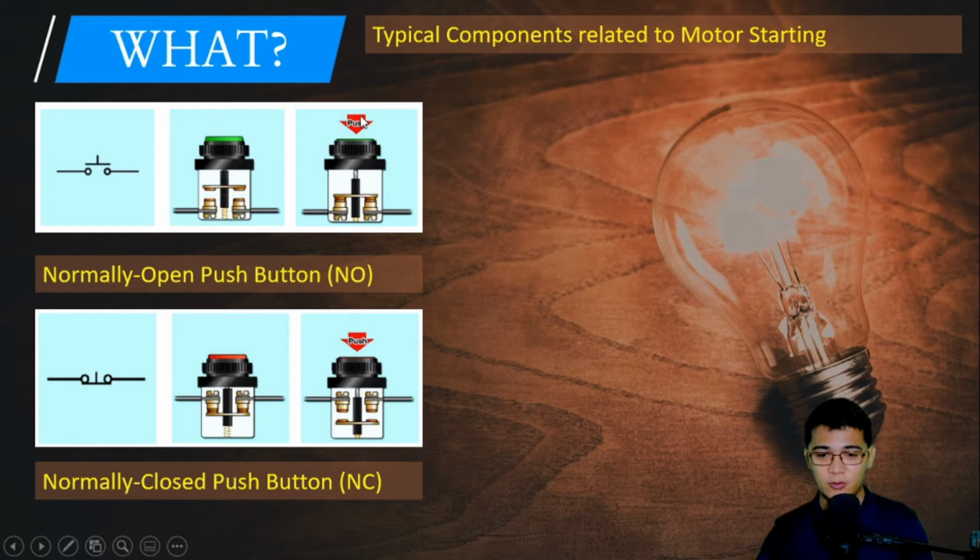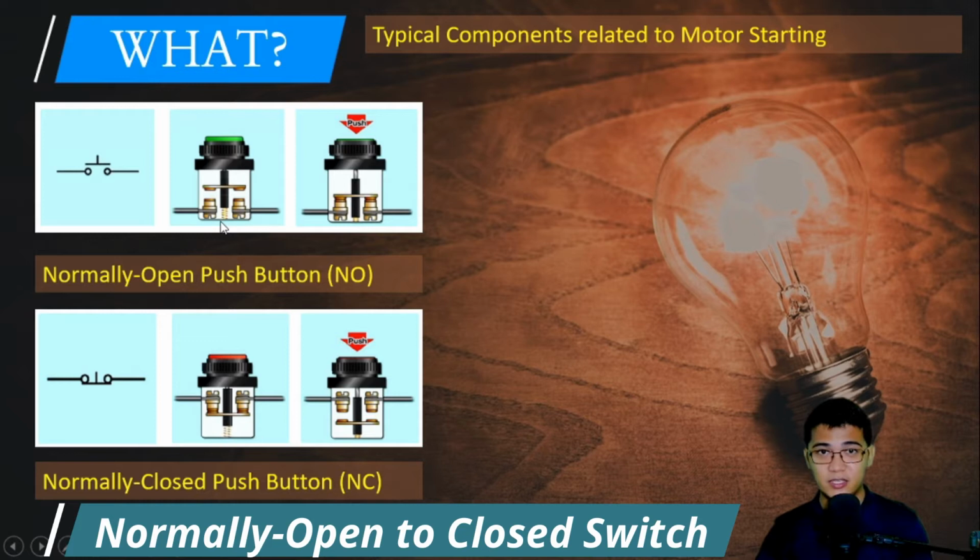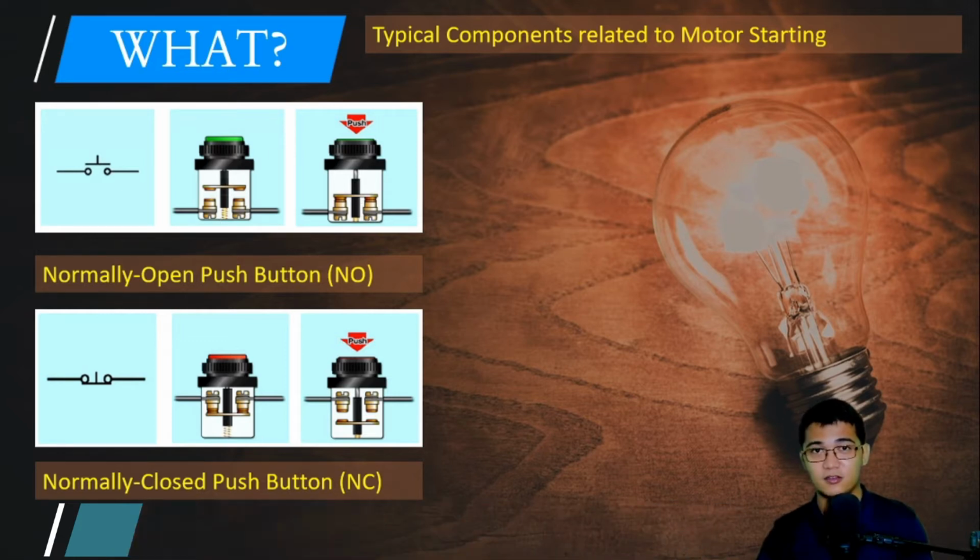Now, when we press it, pag pinindot natin yung button, this contact will be in contact with these 2 terminals, and there will be flow of current from this point papunta dito sa kabila whenever the push button is pushed. In that case, from a normally open na switch to a closed condition.